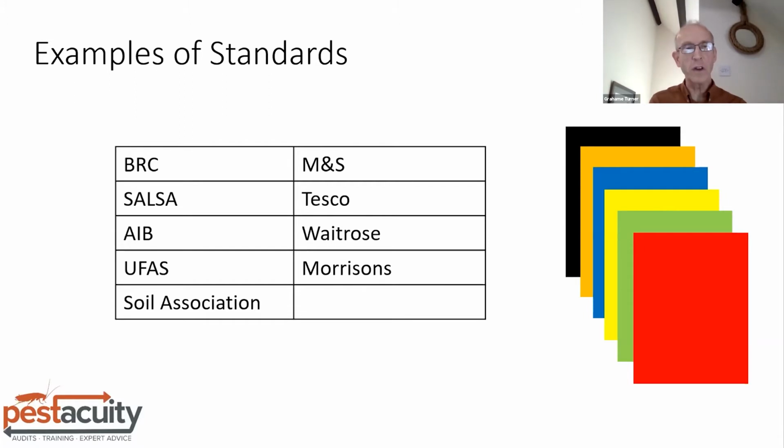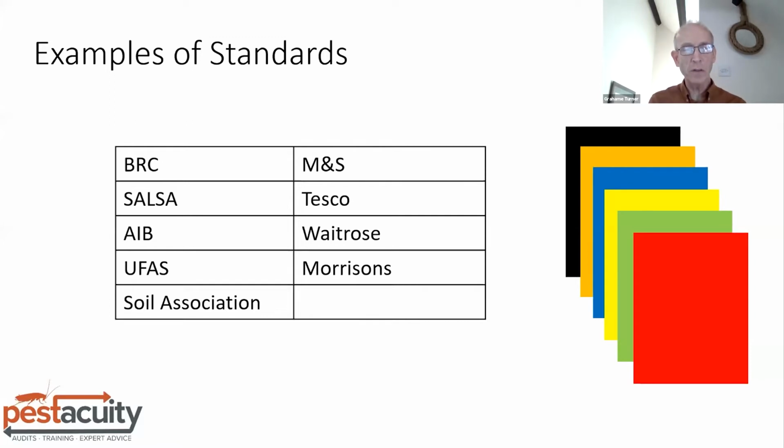You've also got SALSA, which is a safe and local supplier approval system. That's more for smaller companies supplying food on a local basis. You've got the AIB, the American Institute of Bakers. This started in America, obviously, and that is used globally to a certain extent as well. You've got the Universal Feed Assurance Scheme, which is more for animal feeds than human feeds.